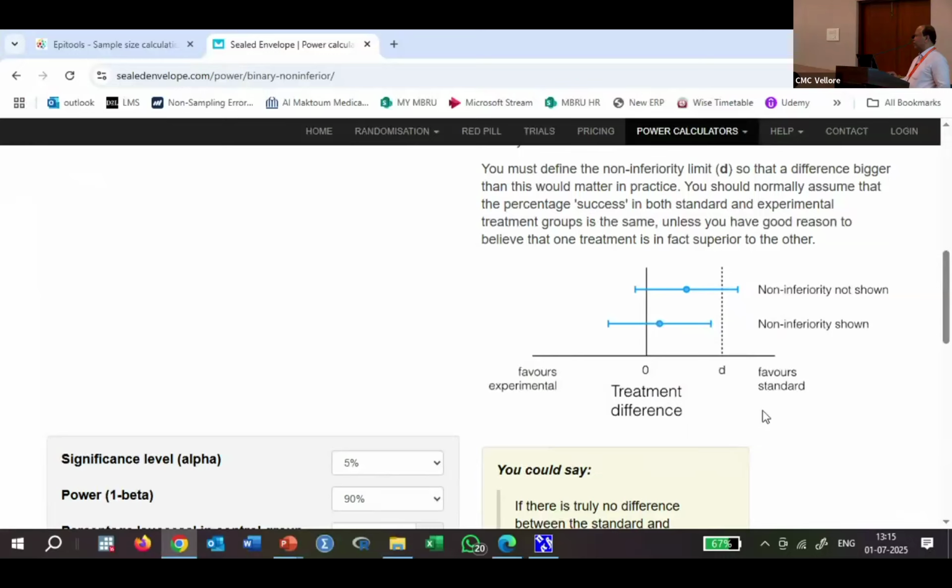This is just to explain the concept. If you have data, say, for example, a paper in the literature which says 90%, 95%, put those values, no problem. My reading is that will inflate your number. So it is easy to assume no difference between the two arms, which will reduce your number.